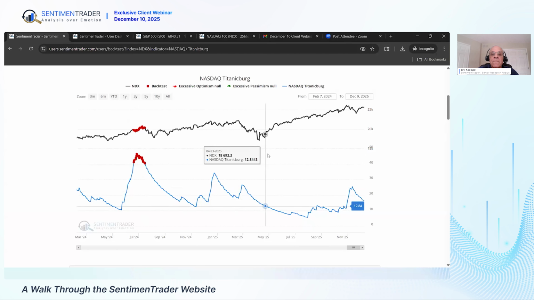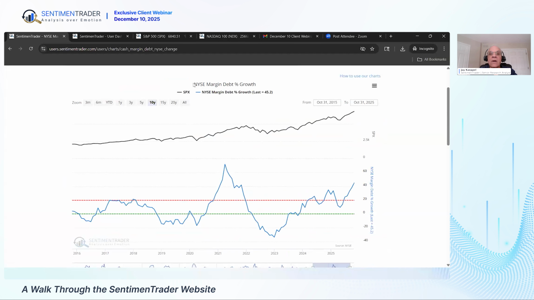There are so many that I could touch on here. Another one that could flash a warning sign soon. Now, this is one indicator that has been affected by the government shutdown. A lot of the data that we get, some of it didn't get updated. This one has not been updated in a month. So I'm thinking sometime in December or early January, we'll get a new number, and it could be important.